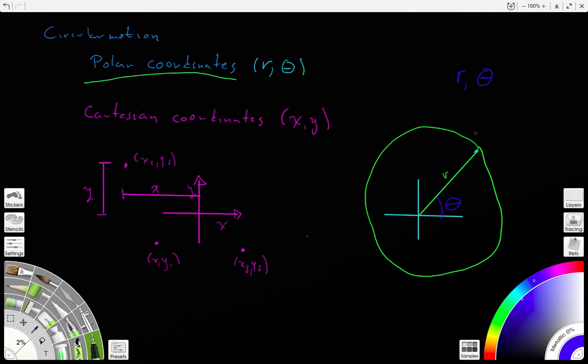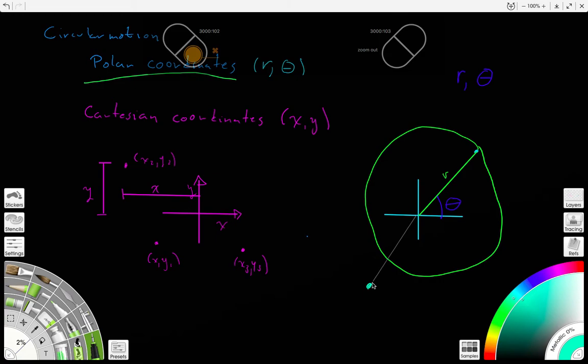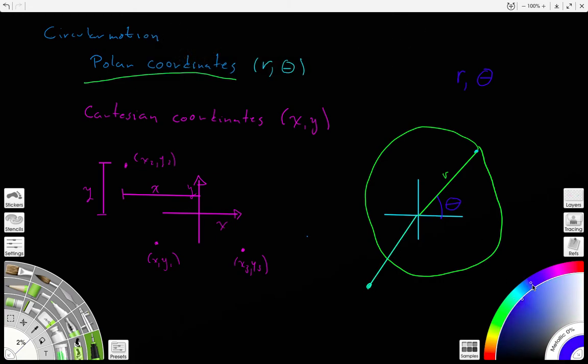So if I specify, for example, this other point right here, the coordinates for that point would be the value of r, so let's put r here in red, this value of r, radius, and this angle right here, theta.